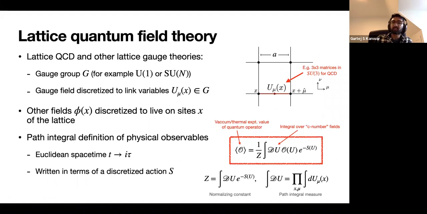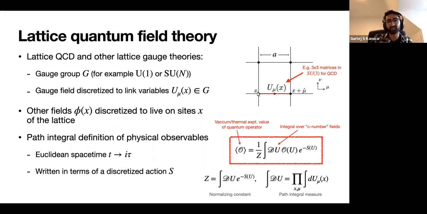So to give that formulation a bit more precise footing, and especially to get the notation straight for lattice gauge theories, which is particularly interesting because QCD itself is, of course, a non-abelian gauge theory with gauge group SU(3). These sorts of theories can be expressed, again, in terms of a lattice discretization, but keeping in mind that the gauge field ends up discretized on links of this lattice, whereas the other matter fields just get discretized on the sites of the lattice.